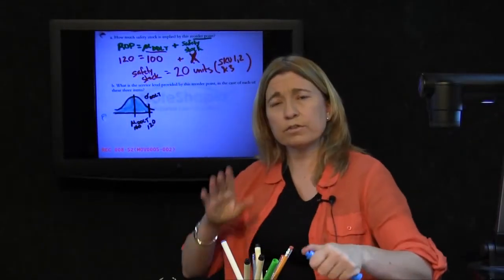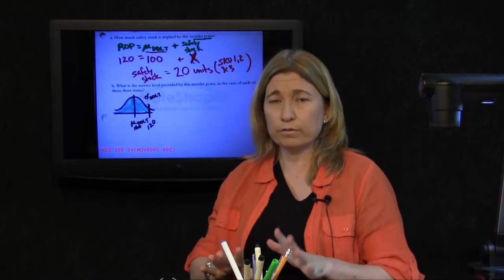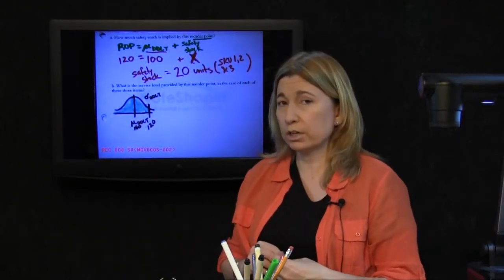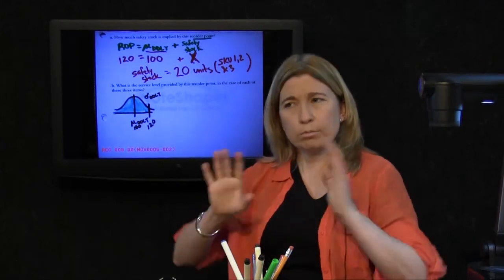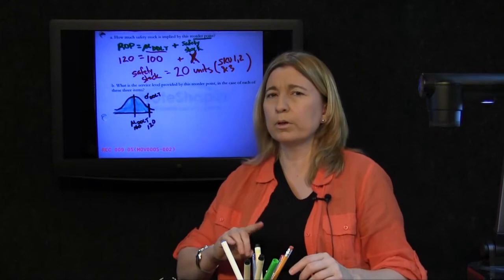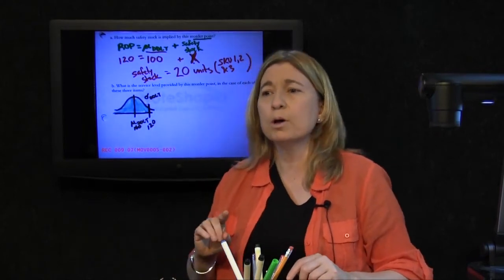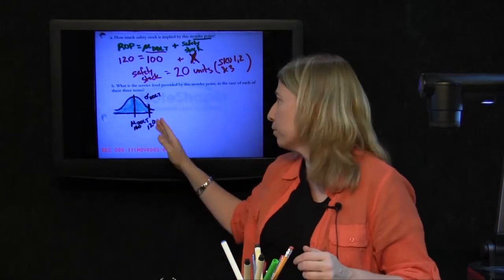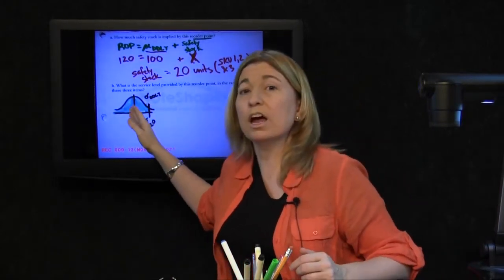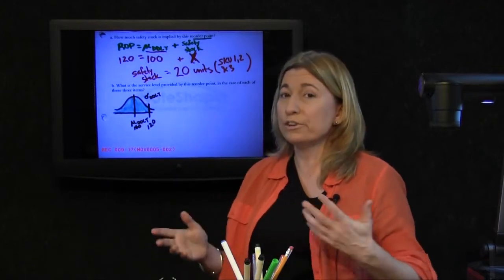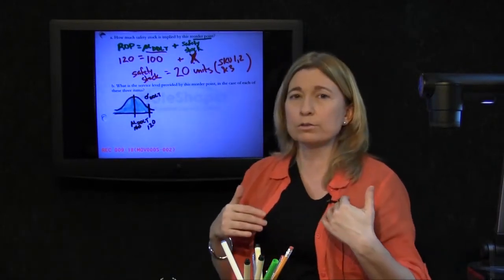The service level is the probability that you'll have enough. If you reorder at 120, what's the probability that you'll actually have enough during lead time? The probability that you'll actually have enough is the same thing as the probability that demand during lead time will be less than or equal to the reorder point, because you left enough. That is the same thing as the proportion of the area of the normal curve that's conveniently to the left of the 120.